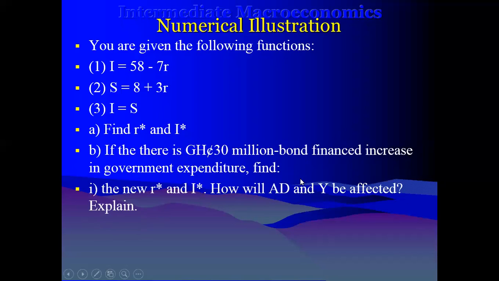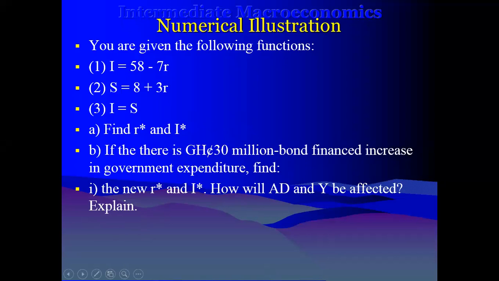And then we have to look at how AD and the Y will be affected. So now this is the J minus T. The J minus T here is the 30 million, and it's part of the demand for loanable funds.